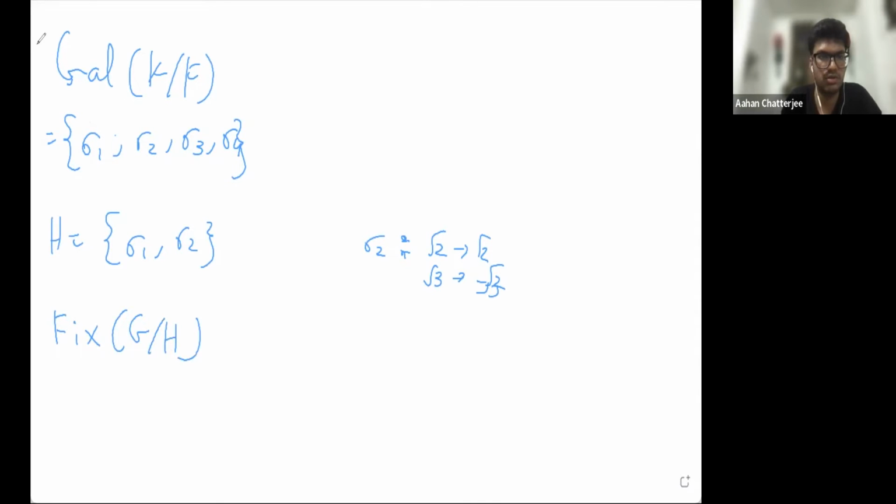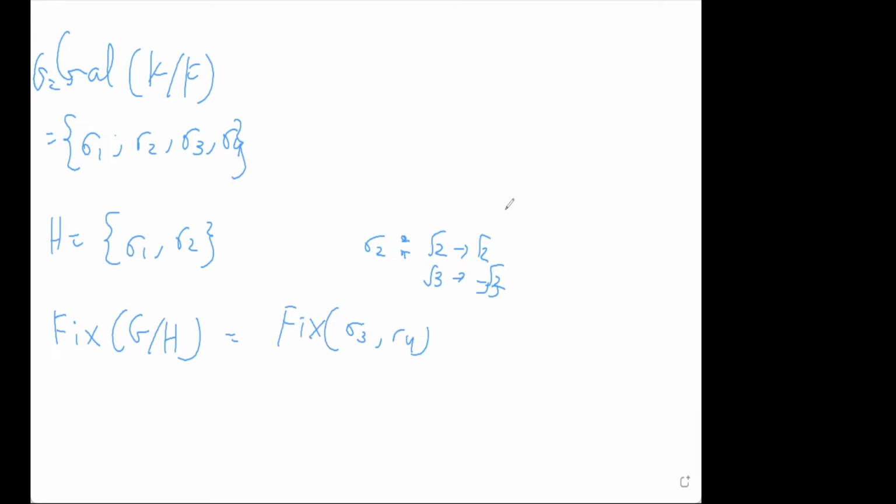So if you look at the fixed field, G upon H, where G is Gal, G upon H is basically the fixed field of sigma 3, sigma 4. What is the fixed field?